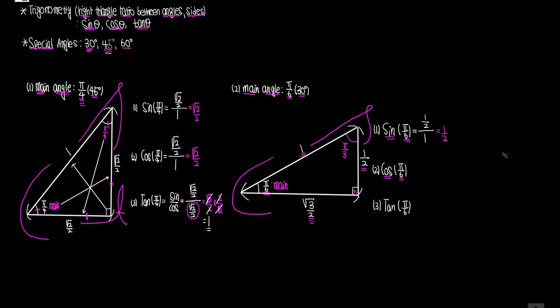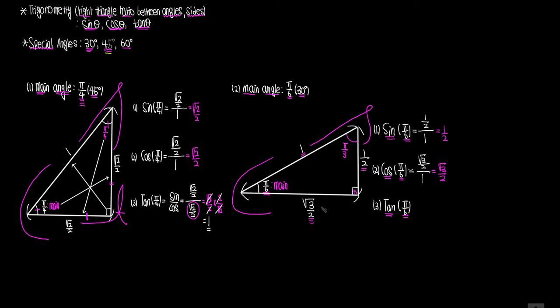So if we express cosine of pi over 6, the denominator will be positive 1, the value where we start at, and the numerator part will be square root of 3 over 2, that is the adjacent side where the value finishes. So again, if we're dividing any numbers by 1, we will get the answer as itself, square root of 3 over 2.